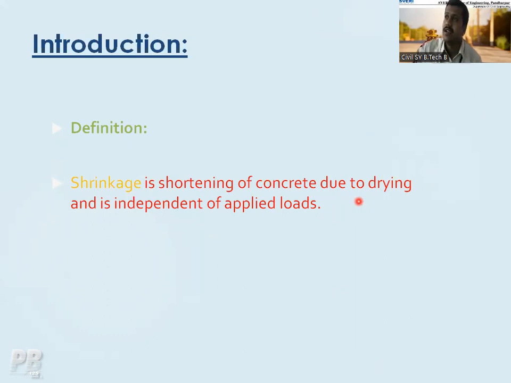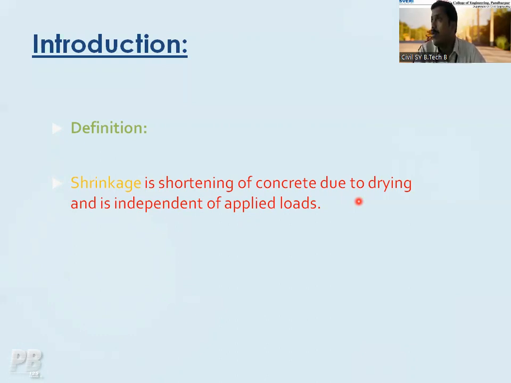If there is a change in the volume of a given concrete structure, then due to this change there is a shortening of the concrete, and that change we call shrinkage. It may be due to drying, and it is independent of the applied loads.